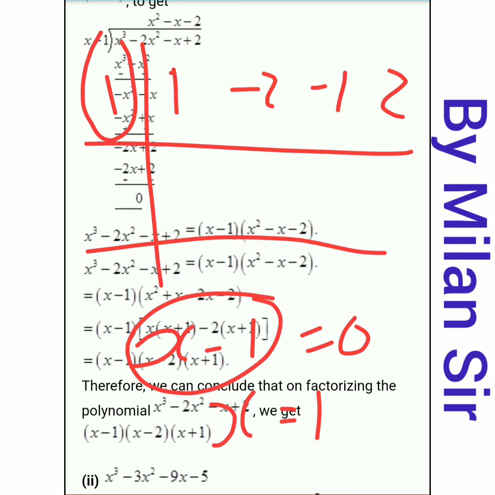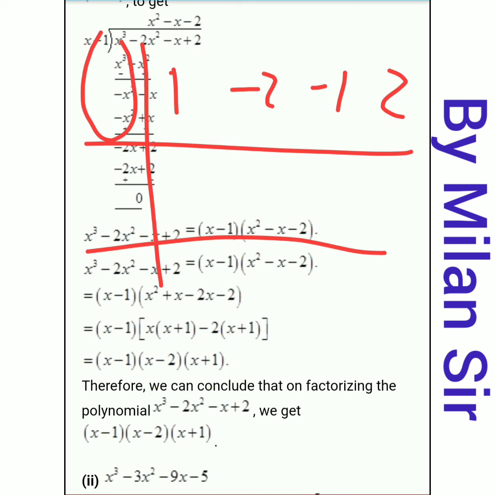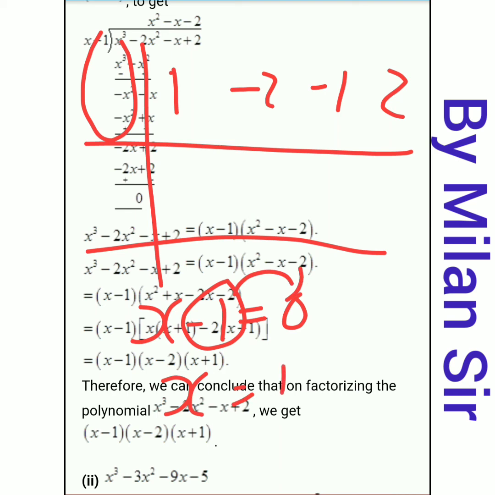Again, what is our factor? We can say that x minus 1 is our factor. So take it equal to 0 and find out the value of x. So x is equal to, transferring this minus 1 to the right hand side, it becomes plus 1. So x is equal to plus 1, and that 1 we need to write in our box.